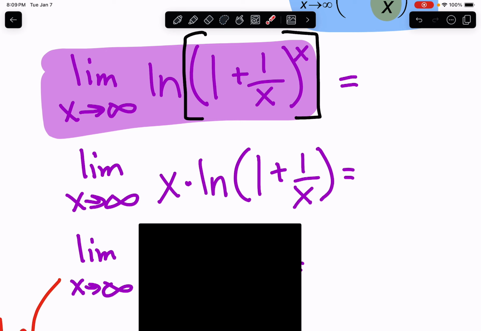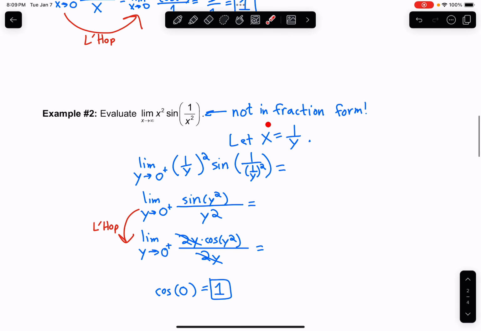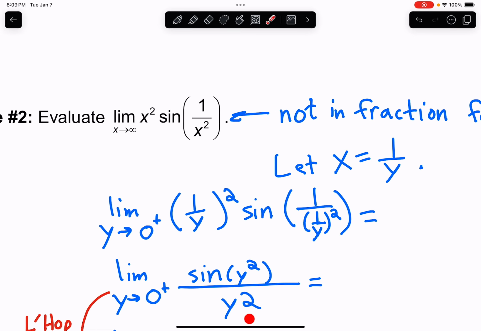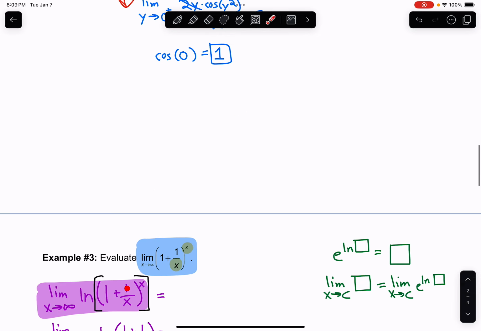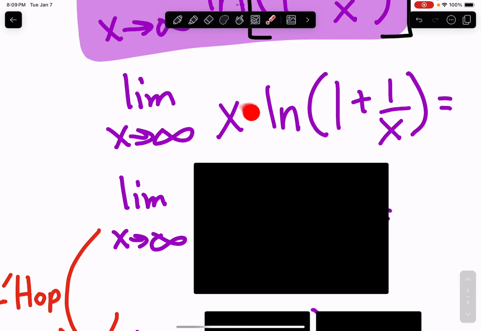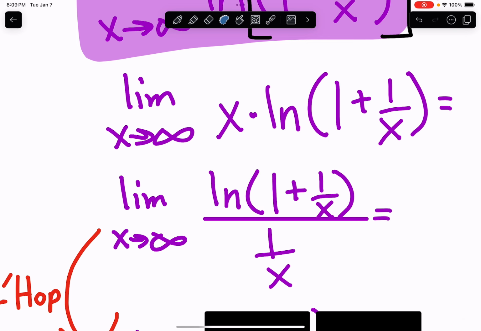Instead of doing what we did on example 2, where I replaced x with something else and redid the question in terms of a different variable, I am going to take this x in front and rewrite it as the quotient of its reciprocal. So instead of x times that, I'm going to say dividing by 1 over x.